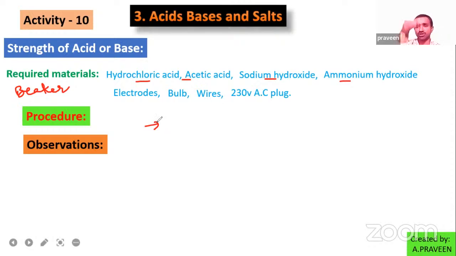So these are the precautions we follow. Observations: mainly you are focusing on the bulb intensity, the brightness of the bulb. With the brightness, how can we decide the strength, sir? That is the main observation point.